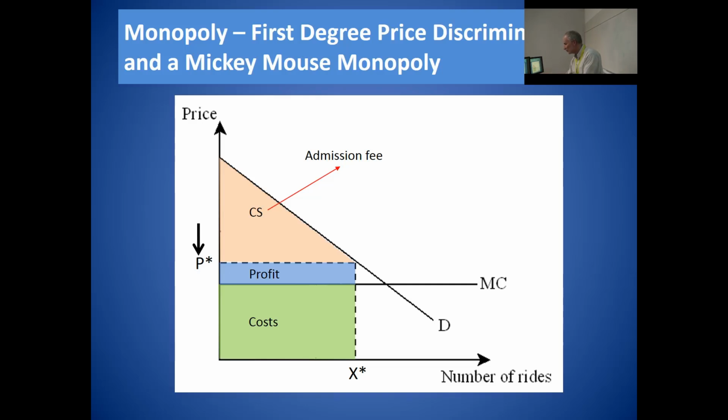So what's happened? The admission fee goes up, the price that you're charging per ride is coming down, and that area of unexploited profits has got smaller. So it's benefited Disneyland by dropping the price of rides and increasing the admission fee. It's gaining more from this market.